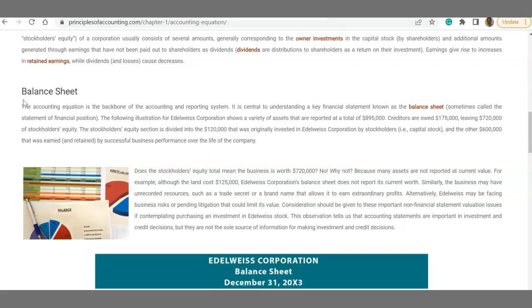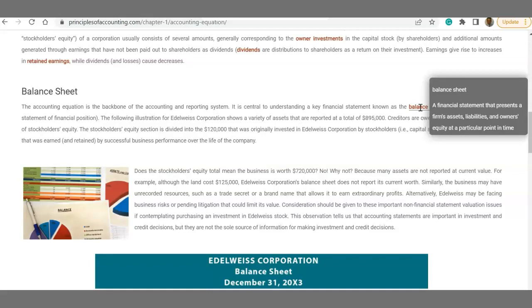Okay, so balance sheet, again, is a financial statement that presents a company's assets, liabilities, and equity at a specific point in time. If you look at a balance sheet, it says "as of." That means as of this date, not tomorrow, not yesterday, but as of this date.